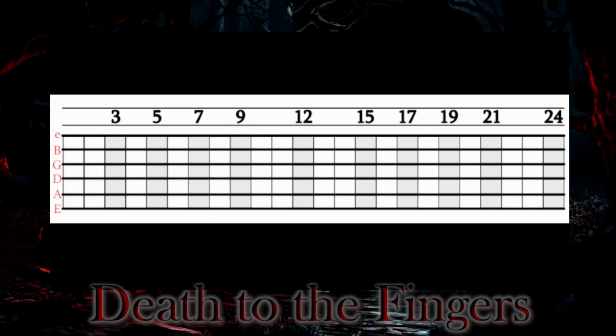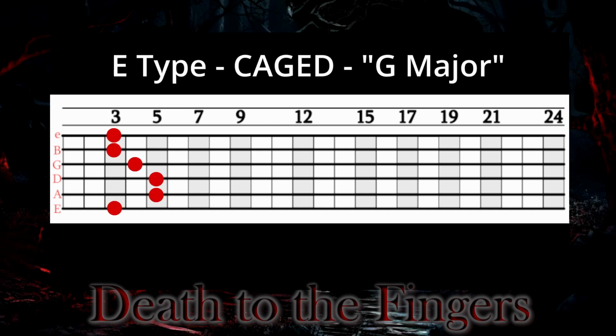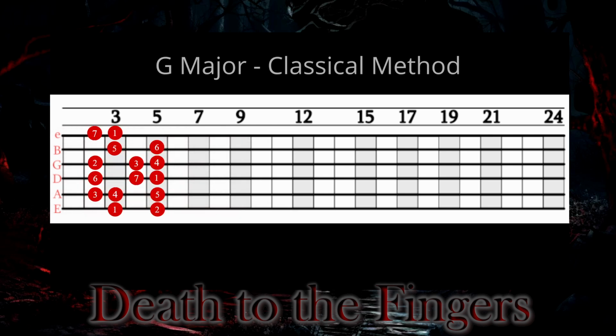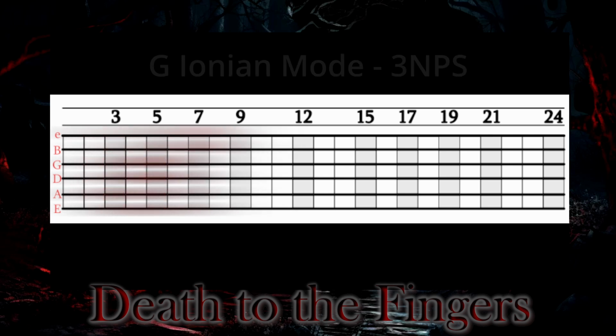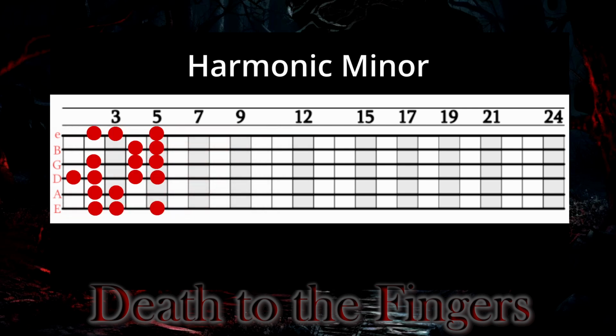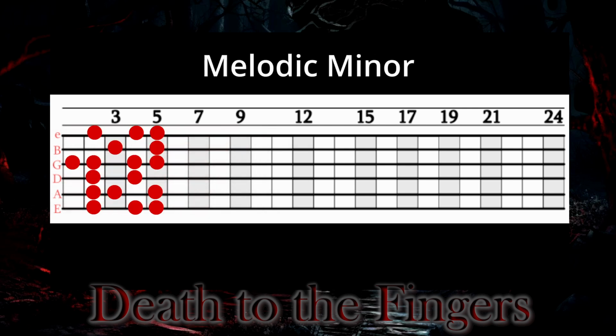So now all of a sudden you have these systems overlapping. You have CAGED as an E-type chord there. You have, of course, the classical or 3 notes per string as a scale system. You have even more information. You can start to apply the harmonic minor or the melodic minor to that too and come up with new combinations, but that's another video.